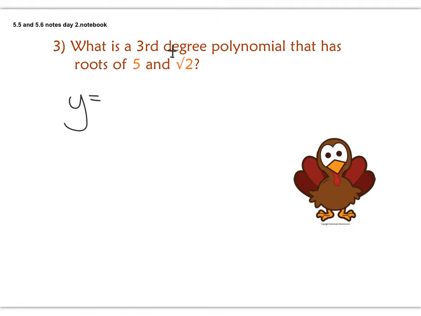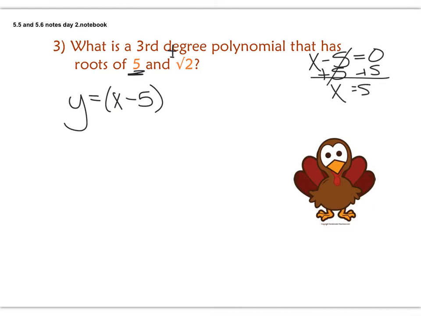We've done this before. Y equals, where does 5 come from as an answer? Well, we know that came from x minus 5, right? Because if I had x minus 5 equals 0, and I asked you to solve this, you would get x equals 5.